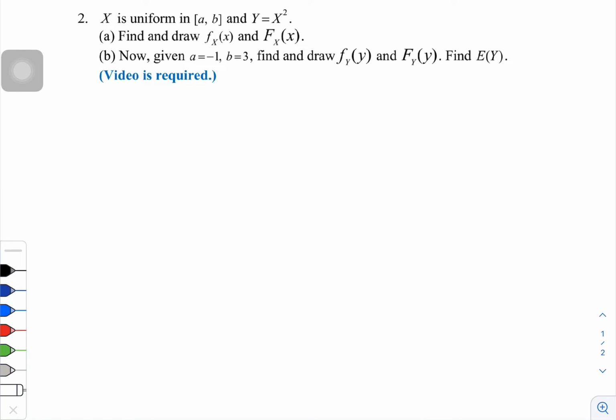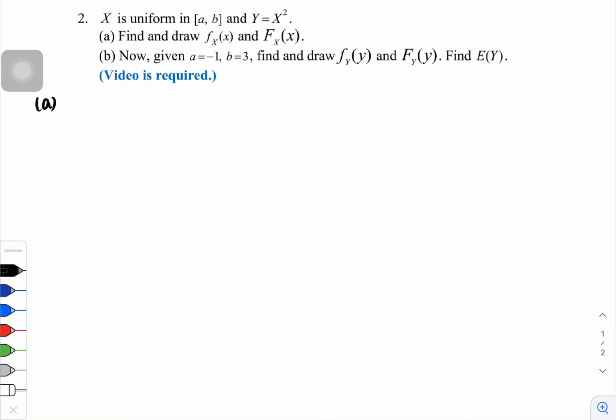X is uniform in the interval a to b, and we have to find and draw the density function and the distribution function of x in question A. So we start there.